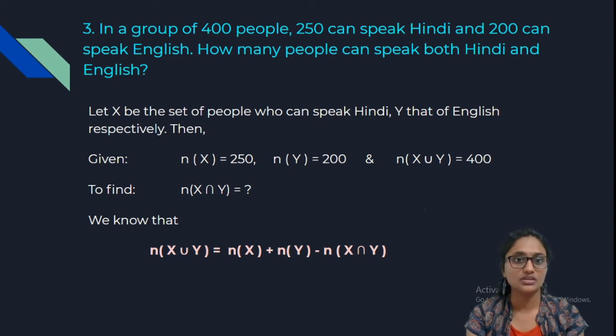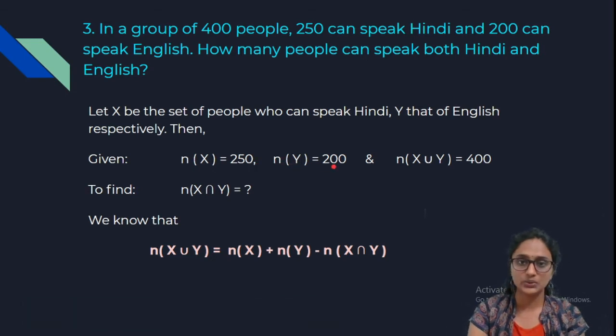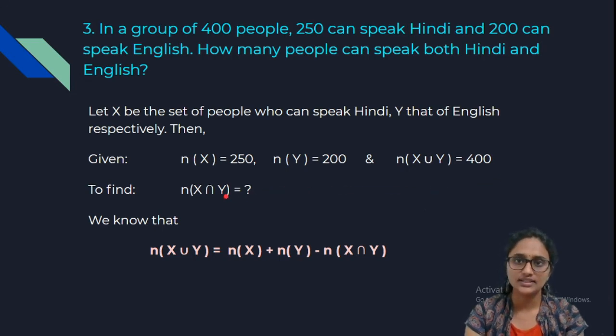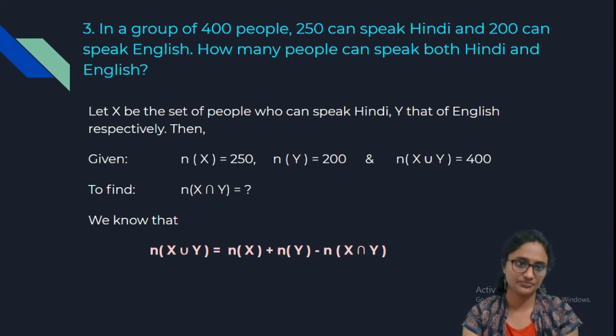From the given information we can write n of X is equal to 250, n of Y equal to 200. And we are given the number of union also, that is n of X union Y equal to 400. And now we need to find the number of people who can speak both Hindi and English, that is n of X intersection Y.